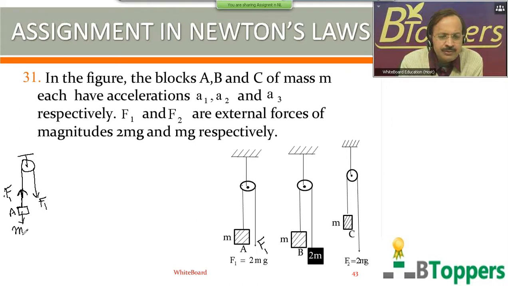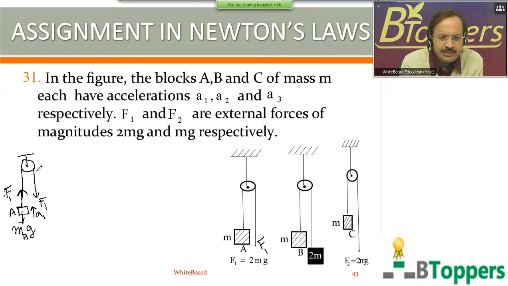The weight mg of the block A acts downwards. The mass of the block A is m. The tension force by the string on the block A will have magnitude F1. It acts upwards. So the acceleration of the block A will be directed upwards because F1 is equal to 2 mg, which is more than the weight of the block A. So the net force on block A will be directed upwards.